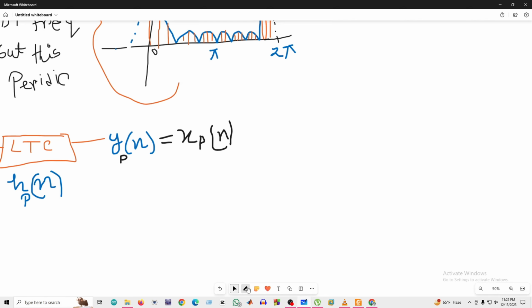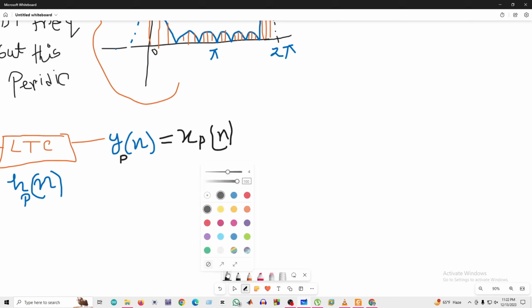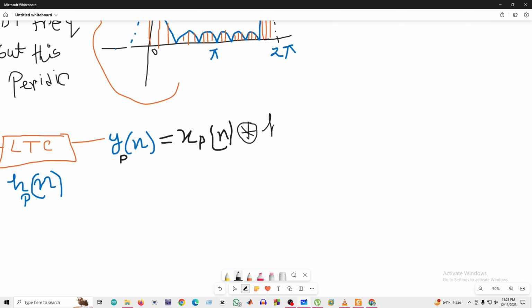All right. So you have x of p with circular convolution with h of p of n.